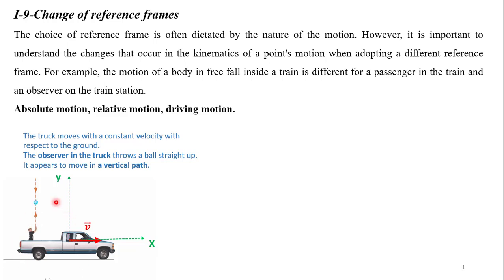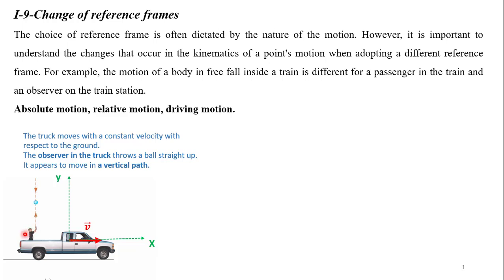So we are studying the motion of the ball with respect to the child, or with respect to the frame of reference related to the child. The truck moves with a constant velocity to the right, and the observer in the truck, which is the child, is throwing the ball straight up.